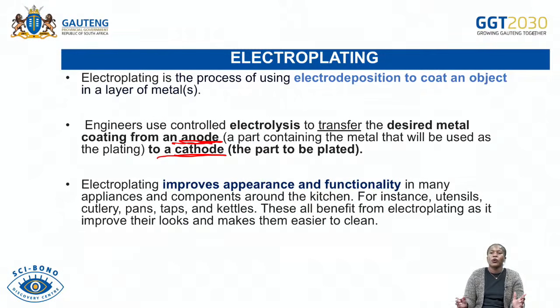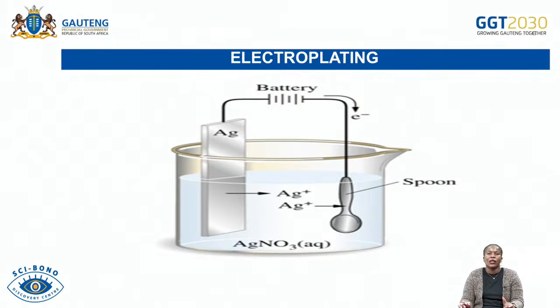For example, your utensils, your cutlery, your pans, your taps, your kettles, and all of those. All benefit from electroplating, as we want to enhance appearance and functionality, and that is why we are more interested in electroplating.